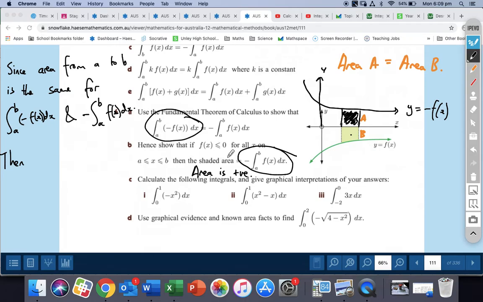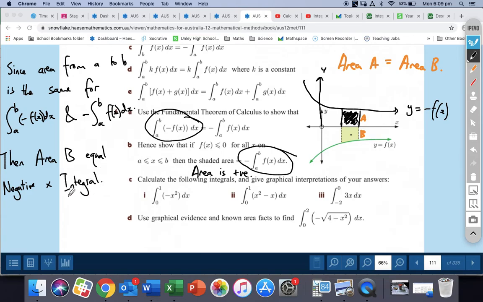What are they wanting us to say here? The area here, area B as I've called it, would have to equal the negative, or minus 1, we'll just say negative, multiplied by the integral value.